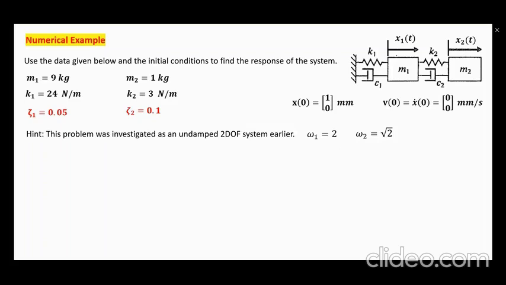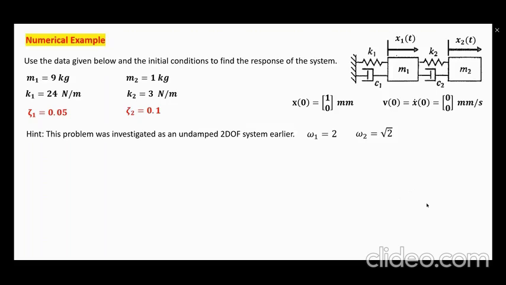You don't have to start at ground zero, because there are other ways for me to test whether you can actually find these things. So suppose that the first mass has a damping ratio of 0.05, and the second one a damping ratio of 0.1. Some initial conditions are also given to you.